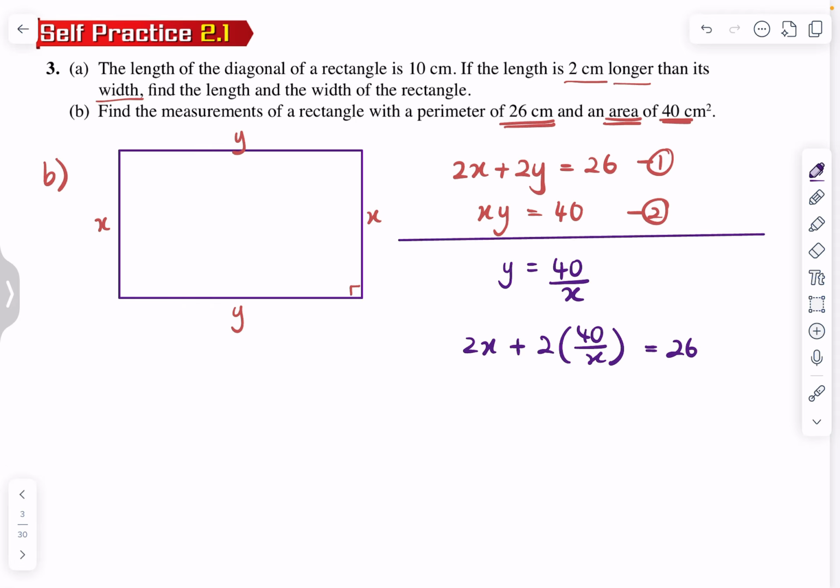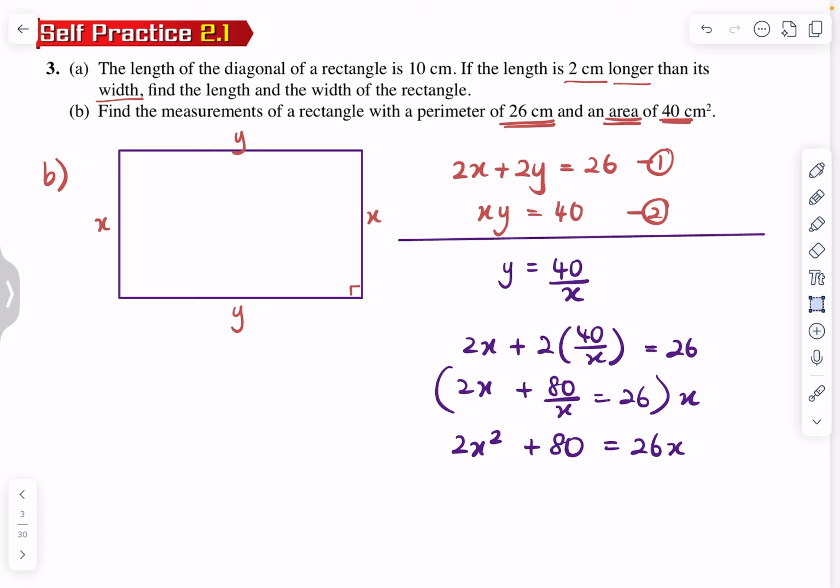Okay, and we expand. 2 times 40 will be 80 over x equals to 26. So to get rid of the denominator here, the whole equation we times by x. So this will give us 2x squared plus 80 equals to 26x.